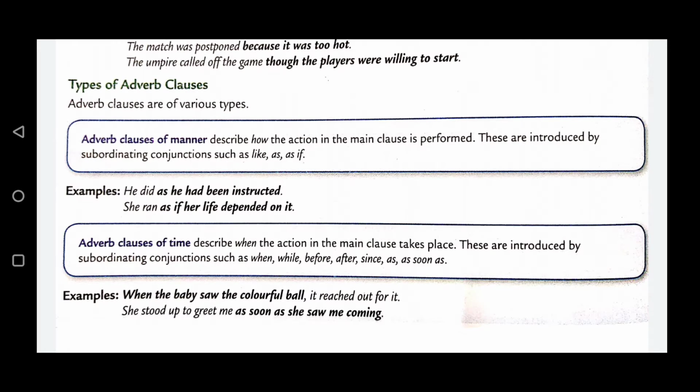So if you get an answer to when, you have an adverb clause of time. When the baby saw the colorful ball, it reached out for it. She stood up to greet me as soon as she saw me coming. When did she stand up to greet me? As soon as she saw me coming. So again we are getting an answer to when.